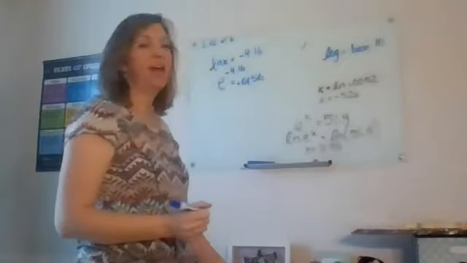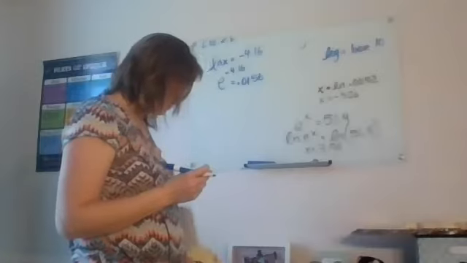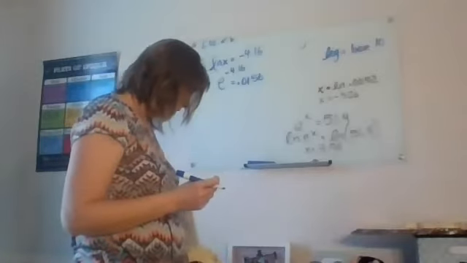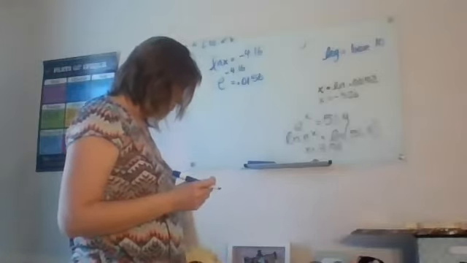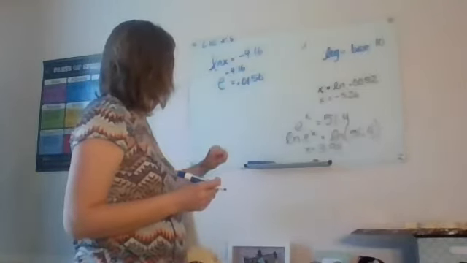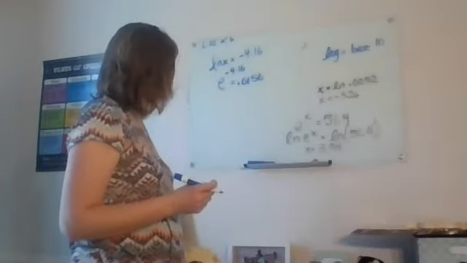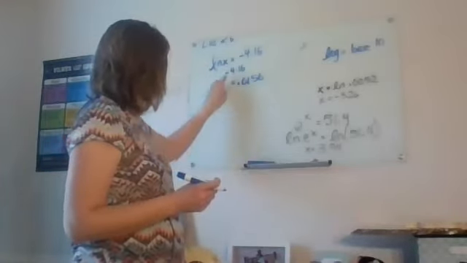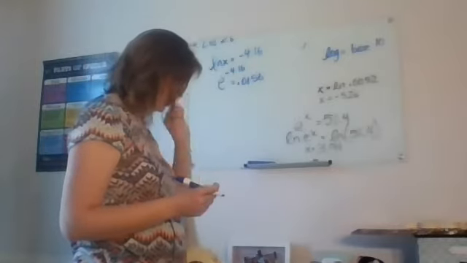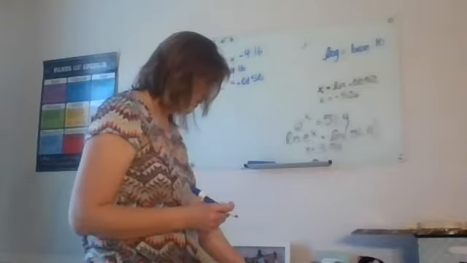How am I coming up with that? Again, I'm just typing that into my calculator. So when I understand on letter C that the natural log of x equals negative 4.16, I ask: e to this power, what is it? That is my answer for letter C.